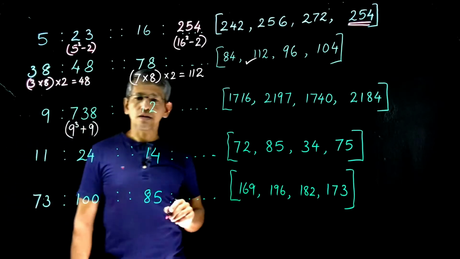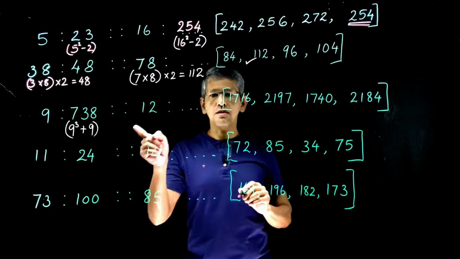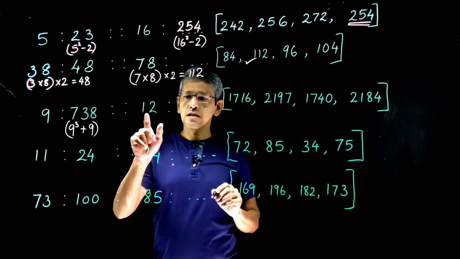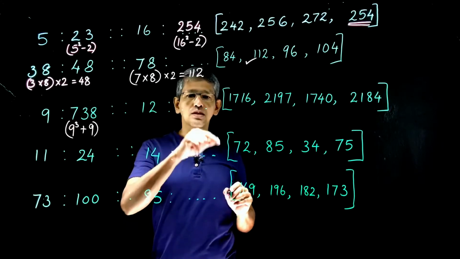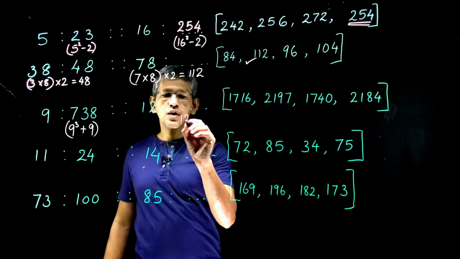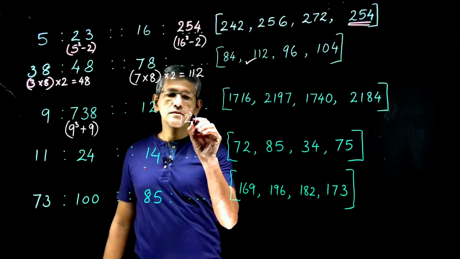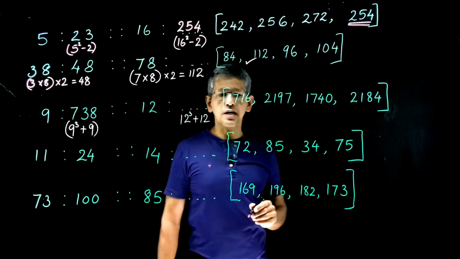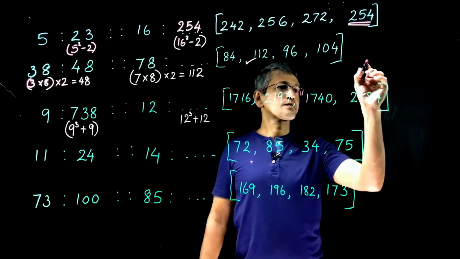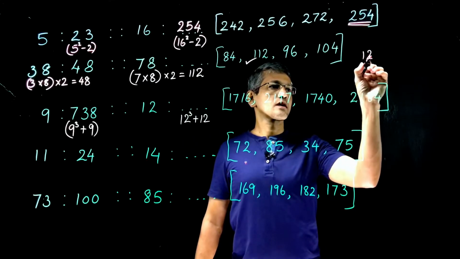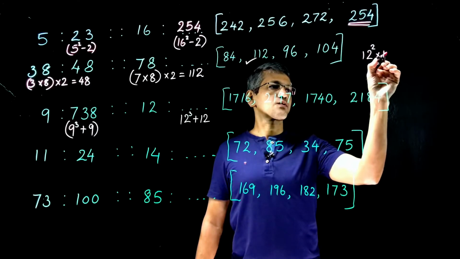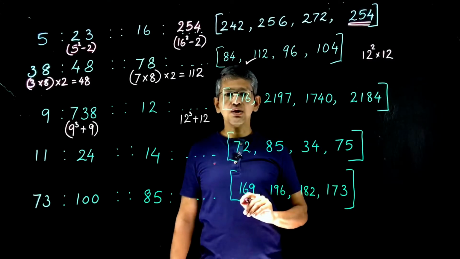If it is 9 cube plus 9, let's apply the same logic on the right hand side. What is it? 12, and 12 cube plus 12. So what is 12 cube? If you know what 12 cube is, it's pretty easy. Otherwise, 12 square into 12. 12 square is 144. 144 into 12.